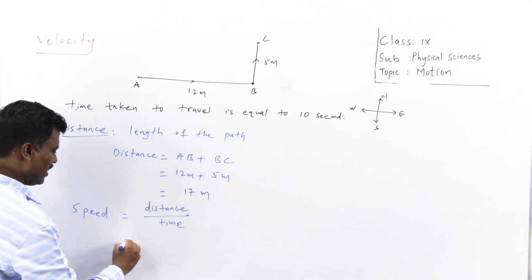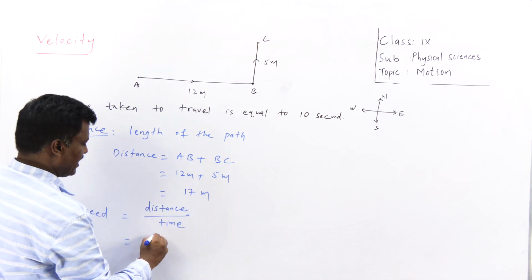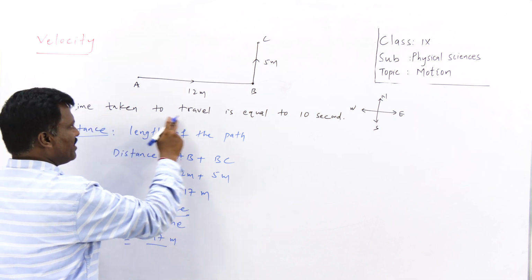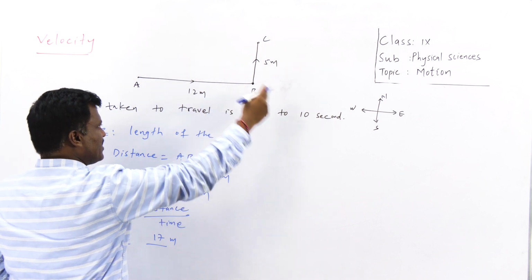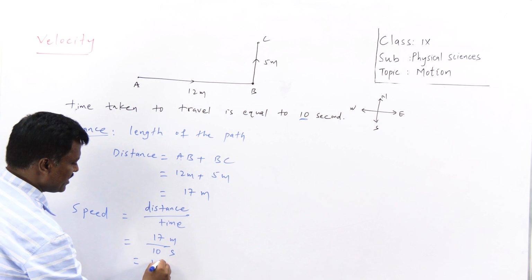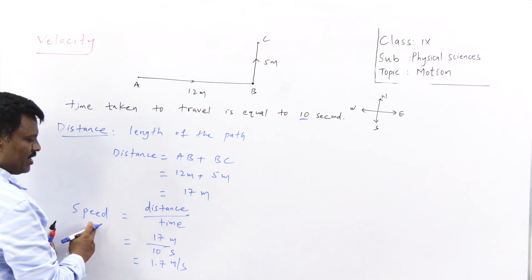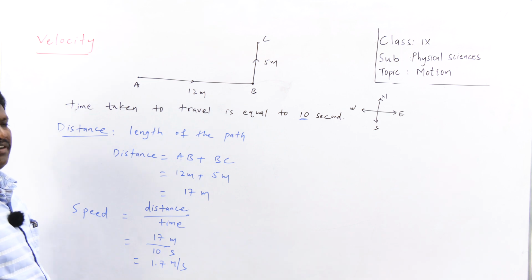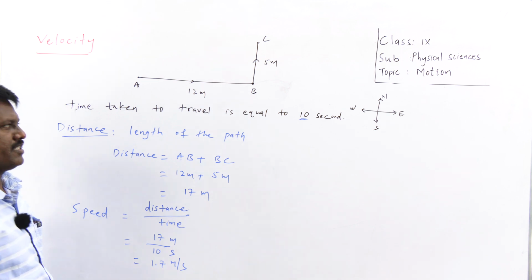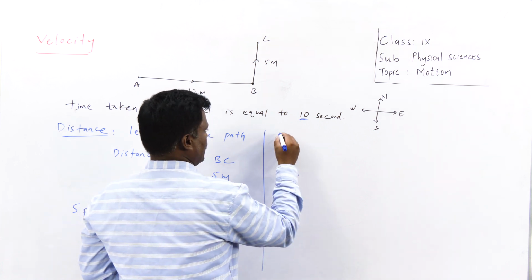What is the total distance traveled? 17 meters. And what is the time taken to travel this complete distance? 10 seconds. 17 by 10 is equal to 1.7 meter per second. So the speed of the object is 1.7 meter per second.